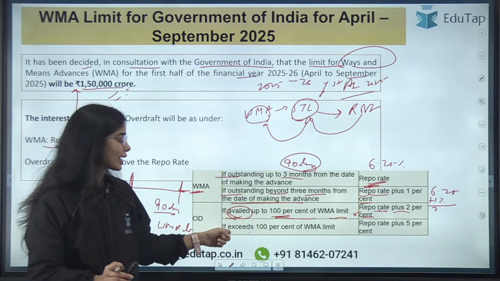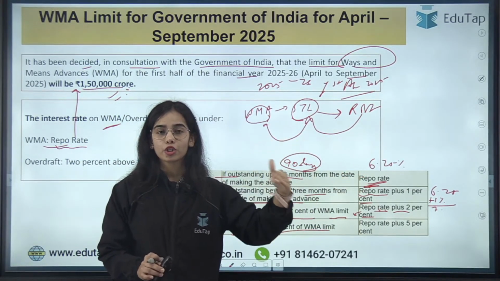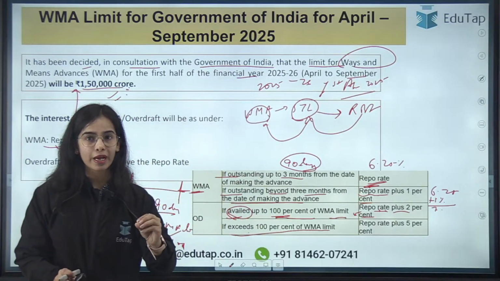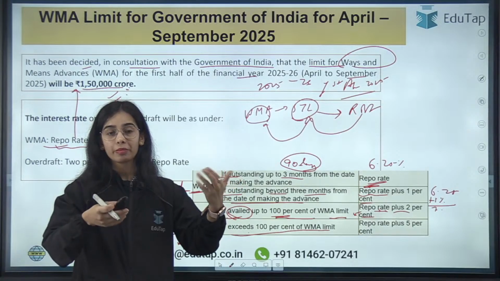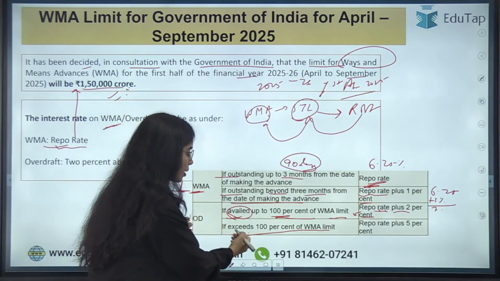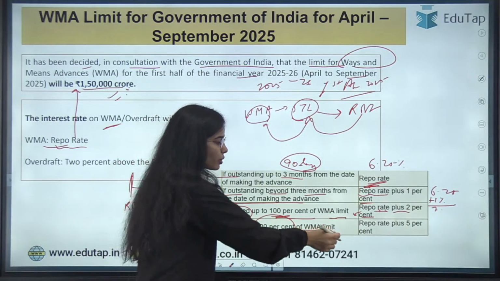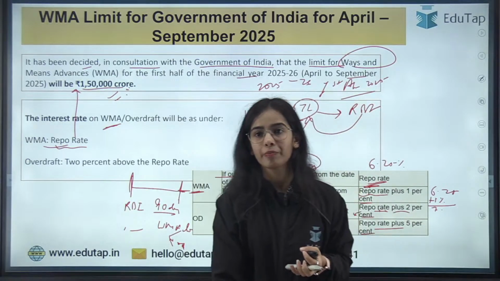Okay, if it exceeds 100% of WMA limit, if more and more money is taken under the overdraft by the government from the Reserve Bank of India, even above the WMA limit, then repo rate plus 5% of interest will have to be paid by the government. Okay, so this is the idea.